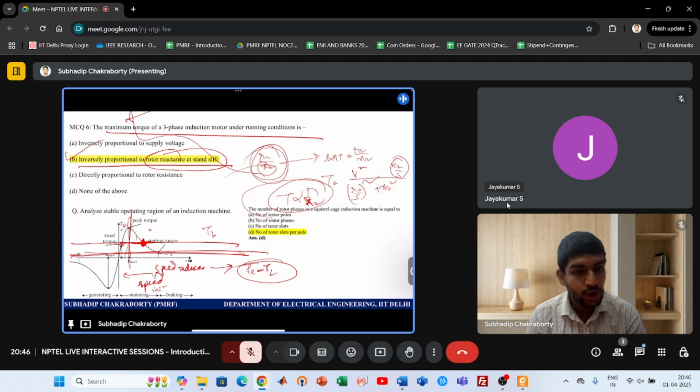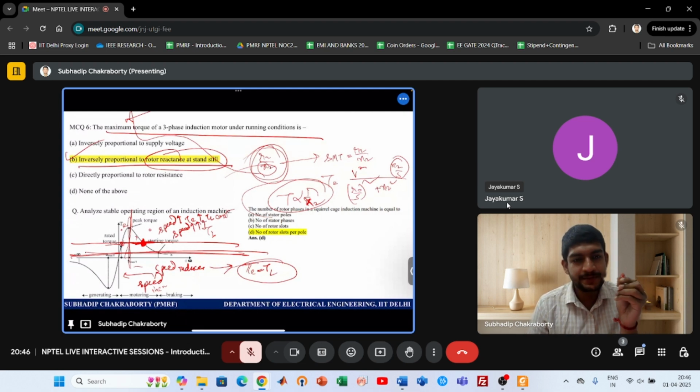Your electrical torque is more and your load torque is less. So if speed increases, electrical torque is more, but load torque is constant. What will happen? Speed will further increase. Understood? If it is considered as a stable operating point and speed slightly increases, then T increases. It will ramp up. The speed will increase because T is more, right, in this section. So it is not a stable region.